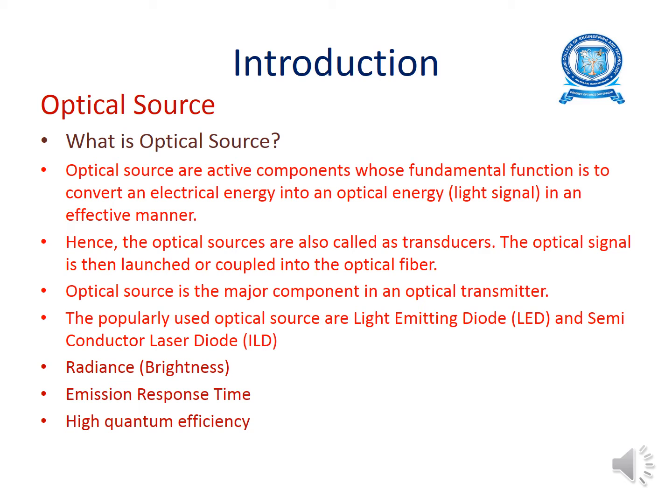Response time is the time delay between the application of a current pulse and the onset of optical emission. This time delay is the factor limiting the bandwidth with which the source can be modulated directly by varying the injected current. High quantum efficiency is related to the fraction of electron hole pairs that recombine radiatively.